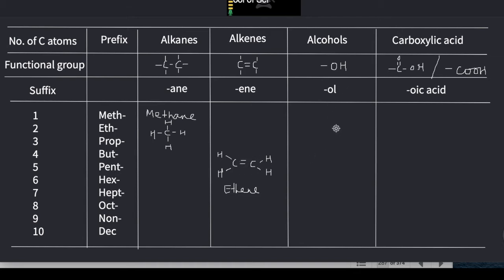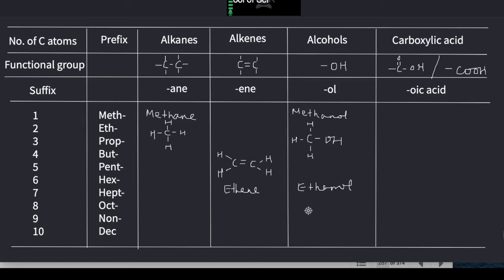And if we look at alcohol, we can have a 1 carbon alcohol, so that will be methanol. We also can have 2 carbons, that will be ethanol. So methanol is 1 carbon bonded with OH, and the rest will be hydrogen.